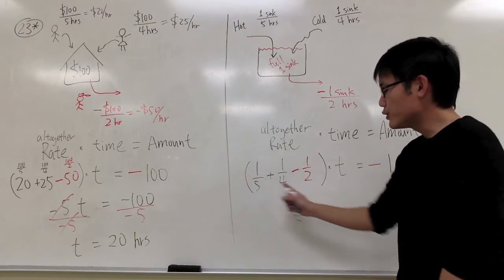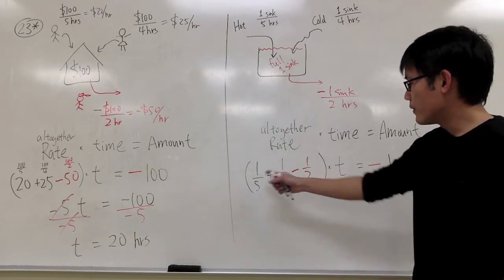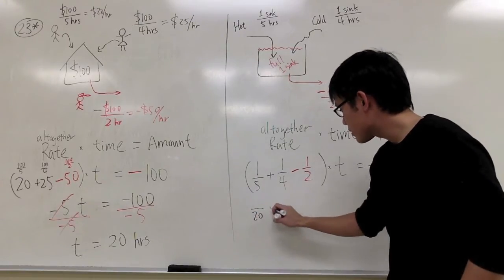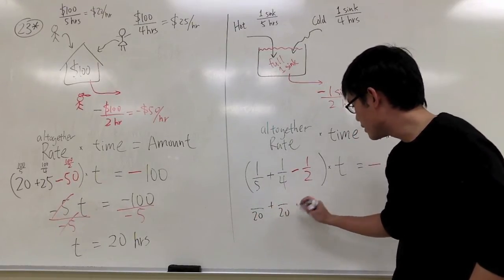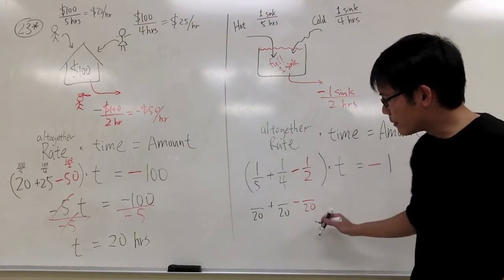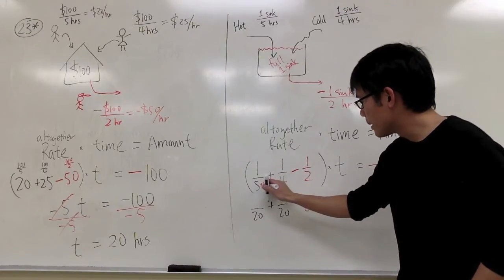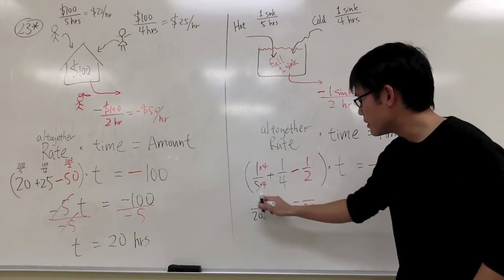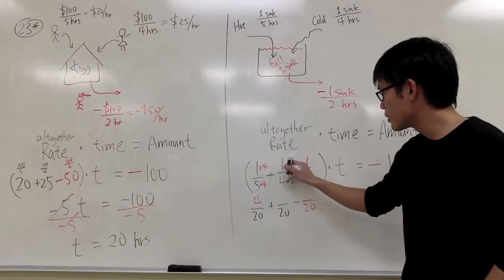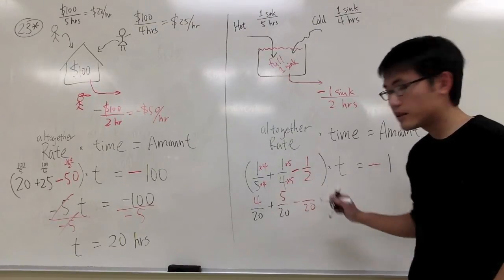Okay, so we're just going to add all the fractions here. Find the lowest common denominator, which will be 20, plus something over 20, and minus something over 20. Here I need to multiply by 4, so the same on top. So I get 4 right here. Here I need to multiply by 5, get 5 here.